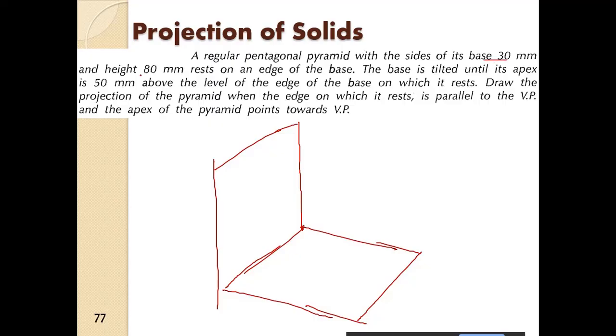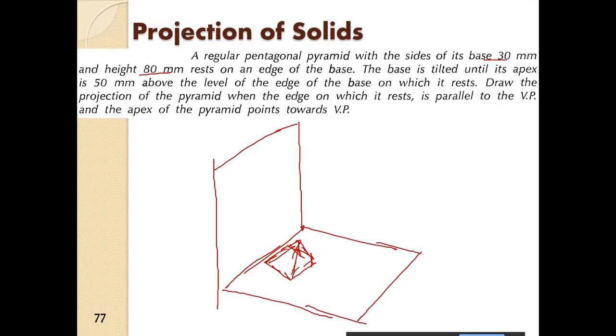Base 30 mm and height 80 mm, it is okay. The base is tilted and its apex is 50 mm above the level of the edge. So the apex is 50 mm above, and the pentagon is directed in this manner towards the VP, and it is tilted and resting on one of the edges. So that we have to draw.